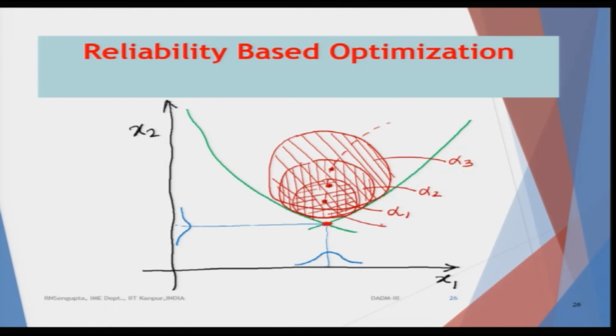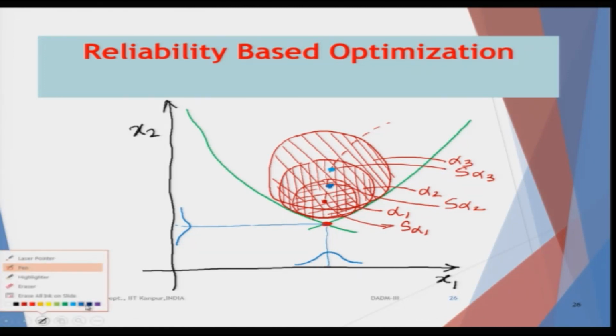So, this is the reliable solution for alpha 1, this is the solution for alpha 2, and the reliable solution for alpha 3. I will mark them, I am just circling it with different colors. This is the solution for alpha 3, and I will use a different color if possible, please bear with me. This is the solution for alpha 2 and this is the solution for alpha 1.